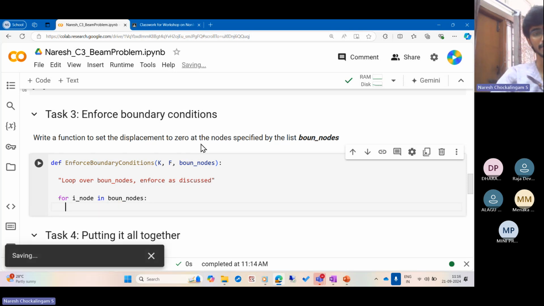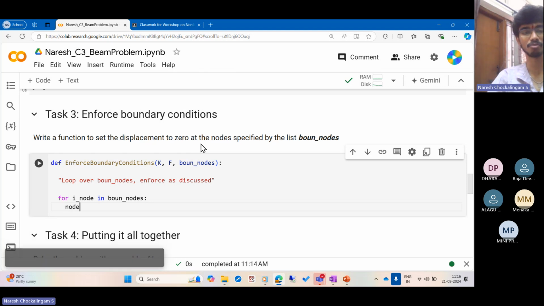If you say I node in bound nodes, it will return one row of the boundary nodes matrix at a time. Now what is I node of 1? Let's say node num is equal to I node of 0.